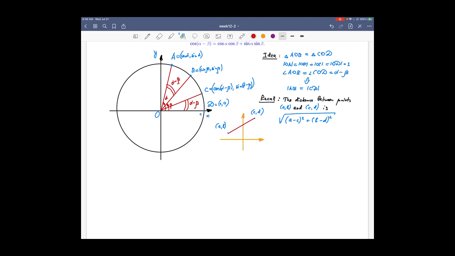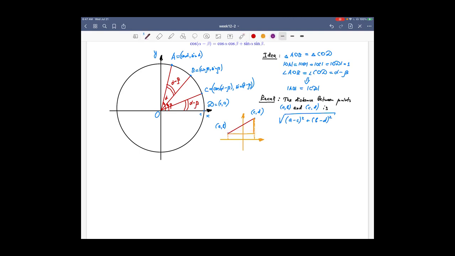By the Pythagorean theorem, I can view this distance as the hypotenuse in this right triangle, in which one leg is the absolute value of the difference of the x-coordinates.